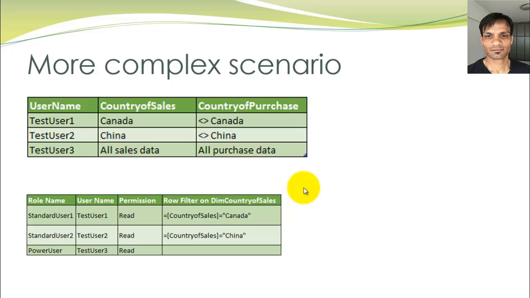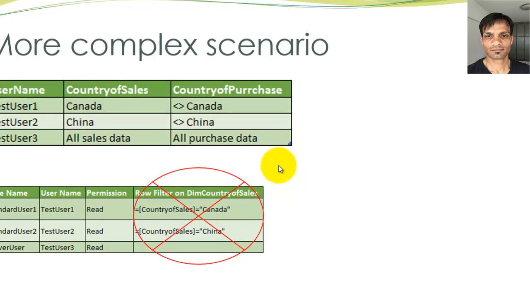The problem here is that both these columns, country of sales and country of purchase, are not in the same table, so the previous text expression will not work. Even though country of sales and country of purchase do not have a direct relationship, they both have a relationship with the fact table. Because of that, row filters on the fact table will work.